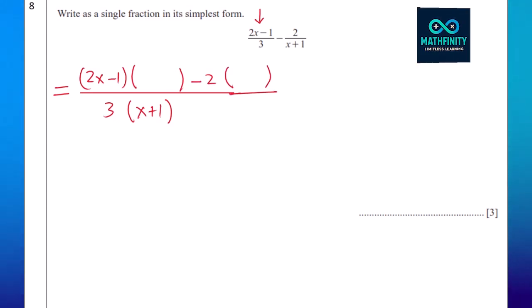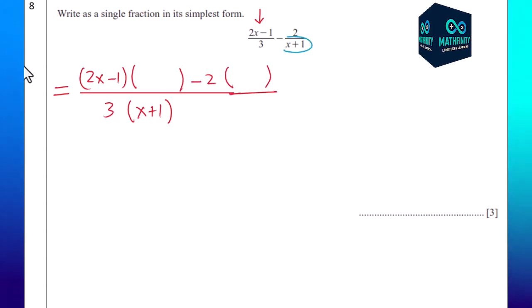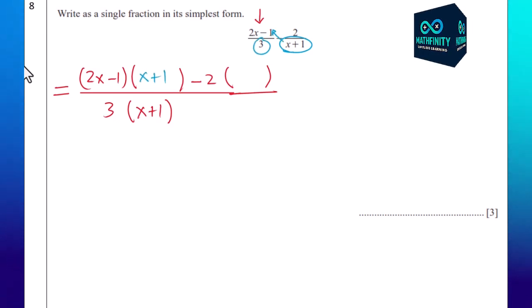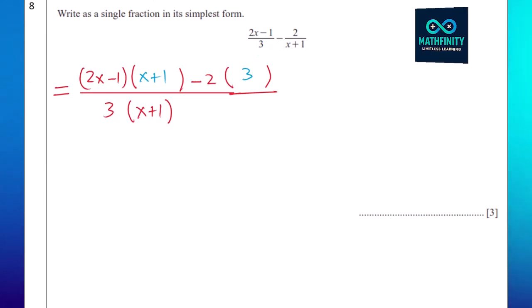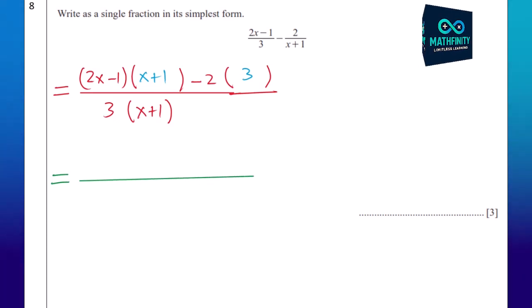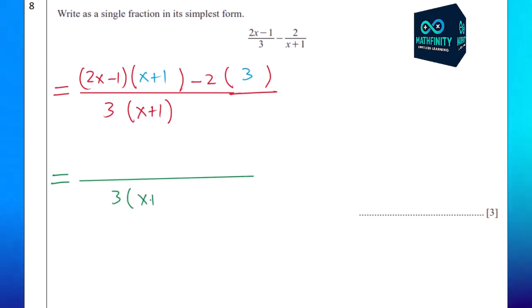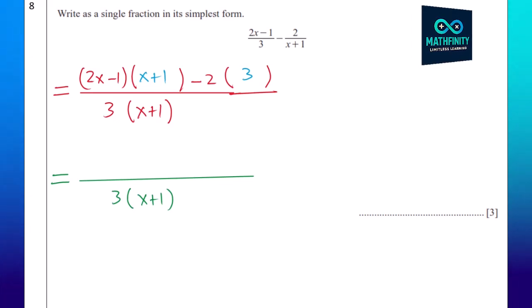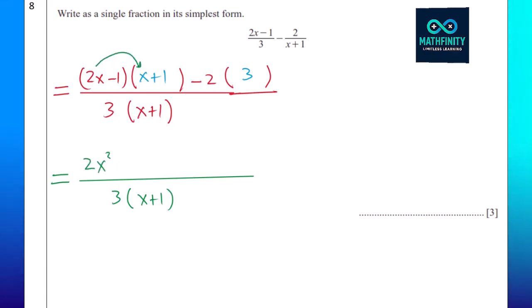Now you have to do the cross. This denominator you have to shift here, x plus 1, and this 3 you have to shift here. So 3 will come. After this step, we just have to multiply the brackets in the numerator. Now this one you multiply with this, so it will be 2x squared.